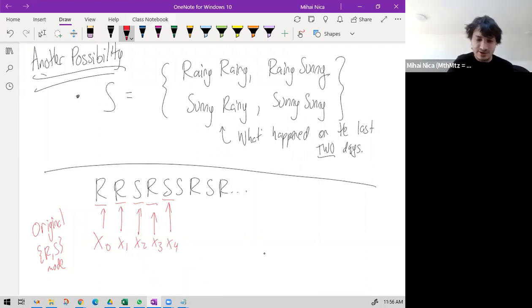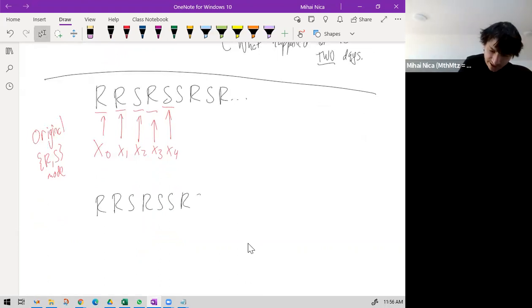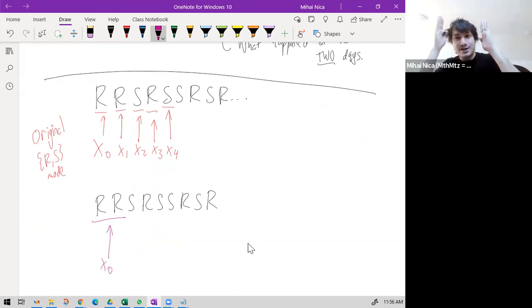In this new state space, we have two things. We're not just looking at one day, we're looking at two days next to each other. The best way to think about it is underlining not just one letter, but two. So the state X0 is not just what's happening on a single day, but what's happening on two adjacent days.